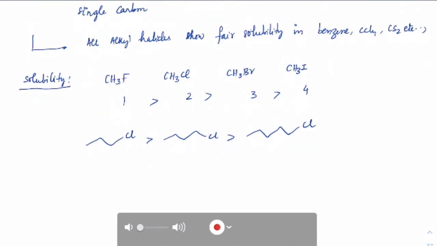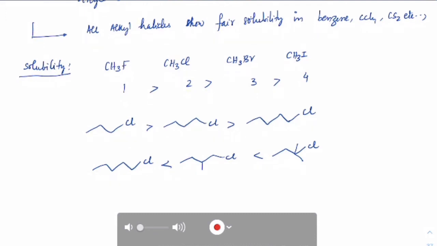Okay, but if the branching is increased for the same number of carbons, it is similar to how the melting point behaves. So in this case, solubility will be in this order. If you don't know the reason, just remember this.